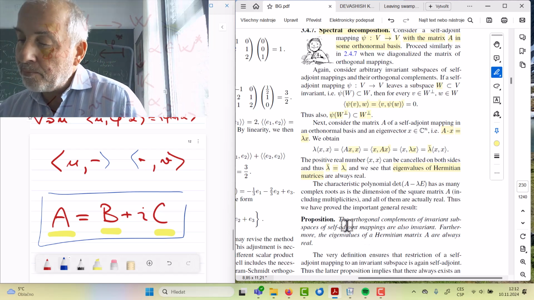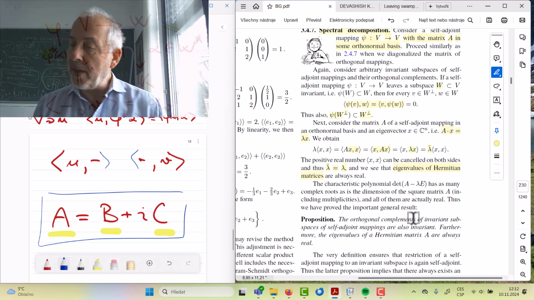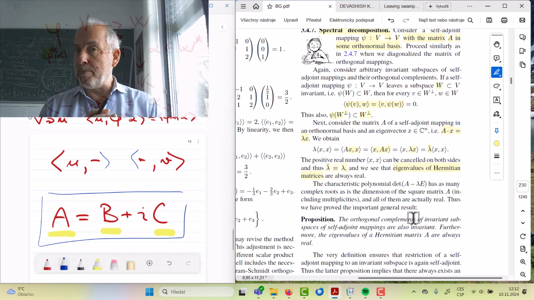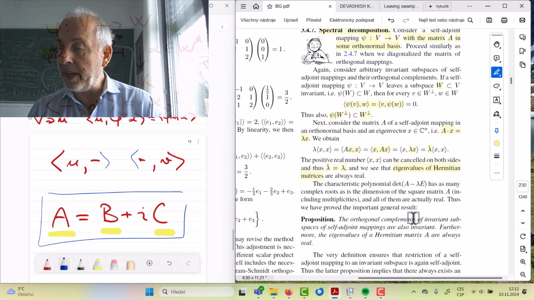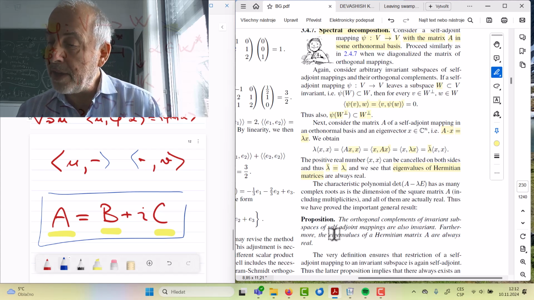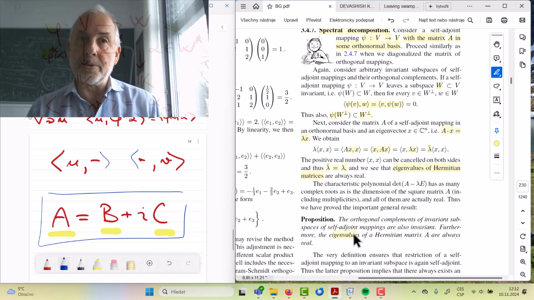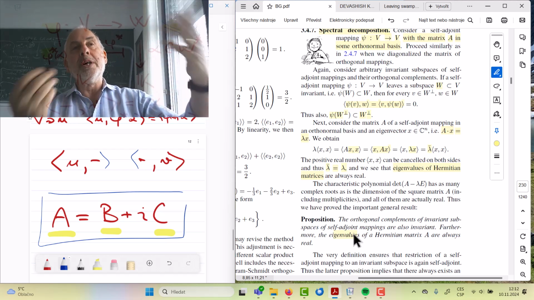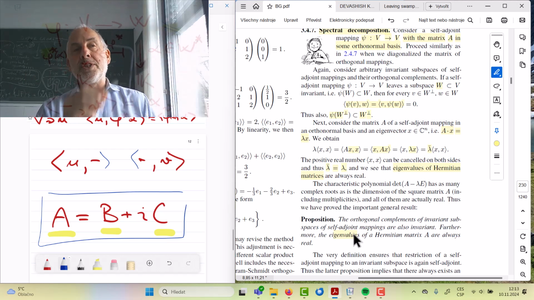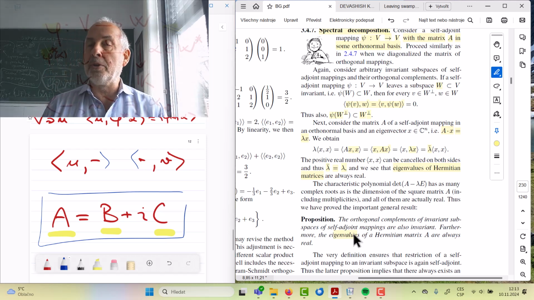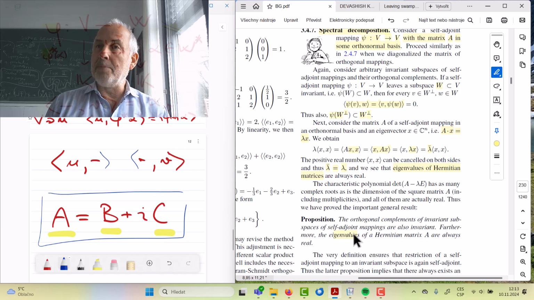So you see, the orthogonal complements of invariant subspaces of self-adjoint mappings are invariant again, and all the eigenvalues are always real. So the diagonal version of our self-adjoint mapping will always have real eigenvalues on the diagonal. In the real world, this concerns the symmetric matrices.